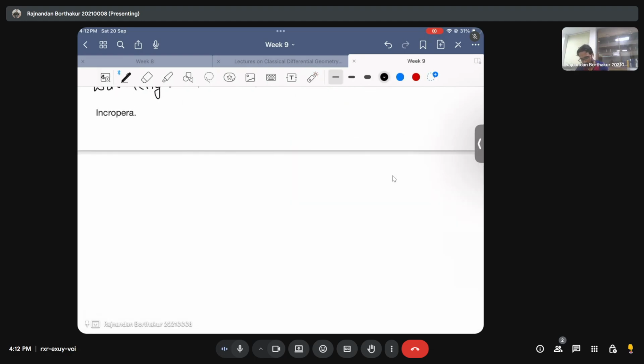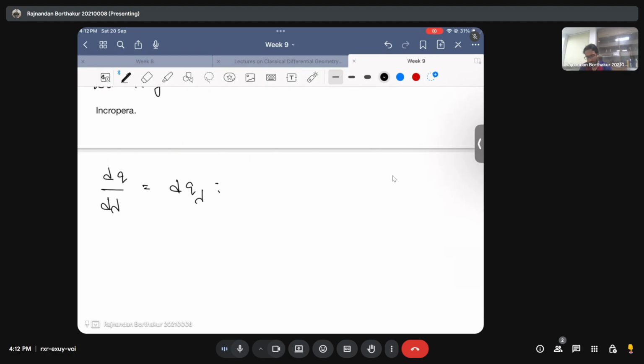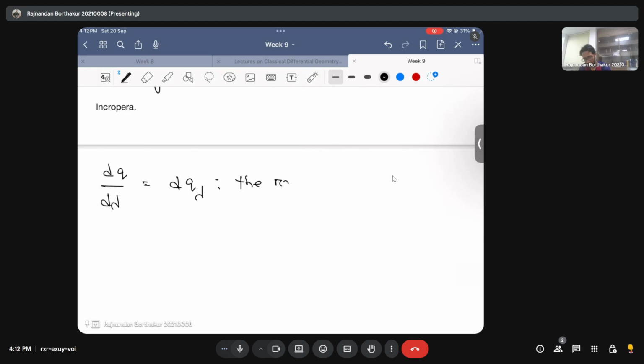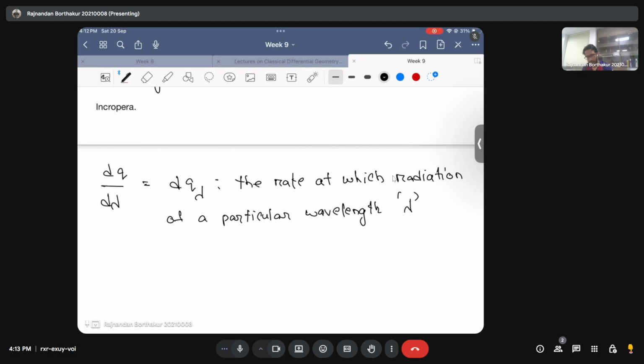For simplicity, we will now write dq by d lambda as dq lambda, and this is the rate at which radiation of a particular wavelength lambda leaves dA1 and passes through DAN.